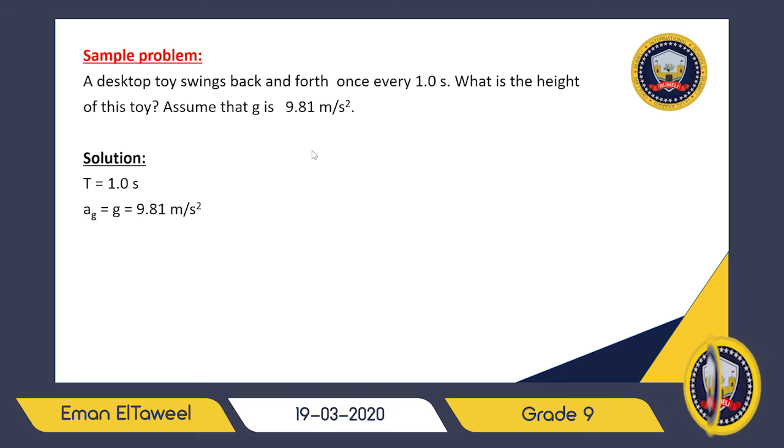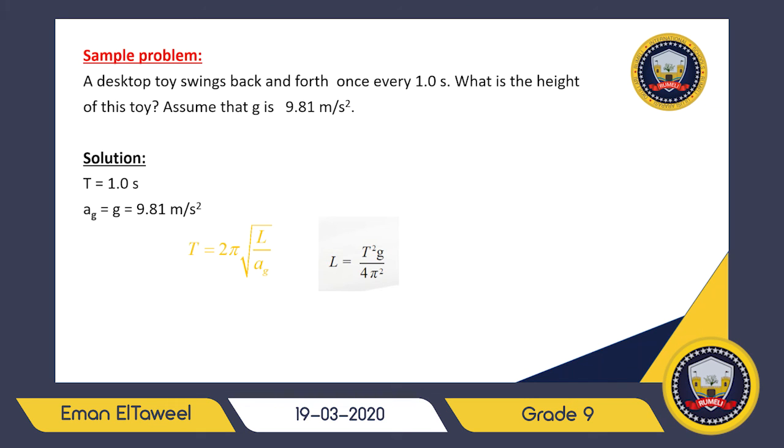So now we have T equals 1 second, g equals 9.81 meters per second squared. Since this is the rule, we are going to use T equals 2 pi square root L over g. To extract L from this equation, we square both sides and then get L alone on one side, and it will be like that.